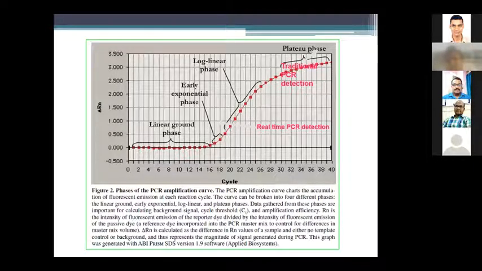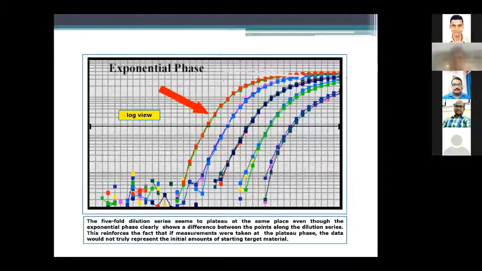The difference between traditional PCR and real-time PCR is that traditional PCR detects at the plateau phase, whereas real-time PCR is detected at the log phase of the reaction. In the exponential phase, samples with initially different fold dilutions, for example 5-fold dilutions, ultimately at the endpoint all give the same fluorescence or the same end product.